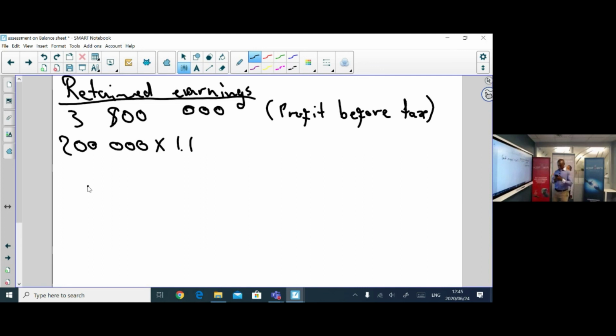Let me use my calculator. That will be 220, those funds that were used for repurchase.